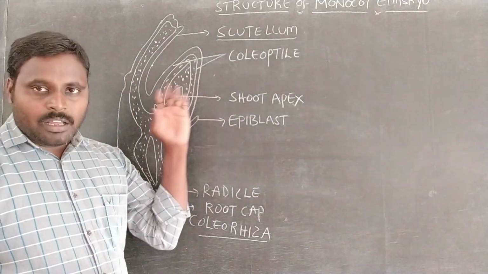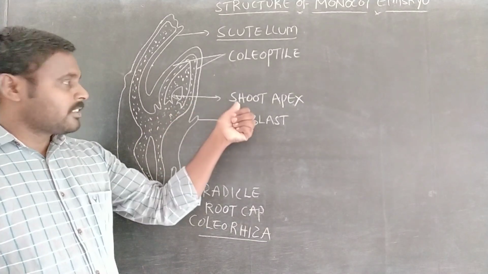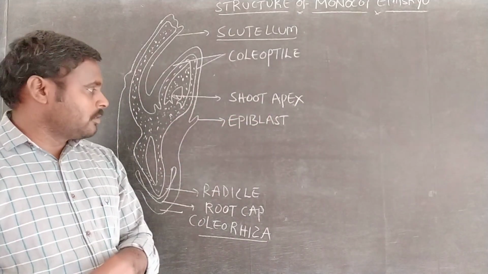So we have the coleorhiza and the coleoptile. This is the shoot apex, which is also called the plumule.